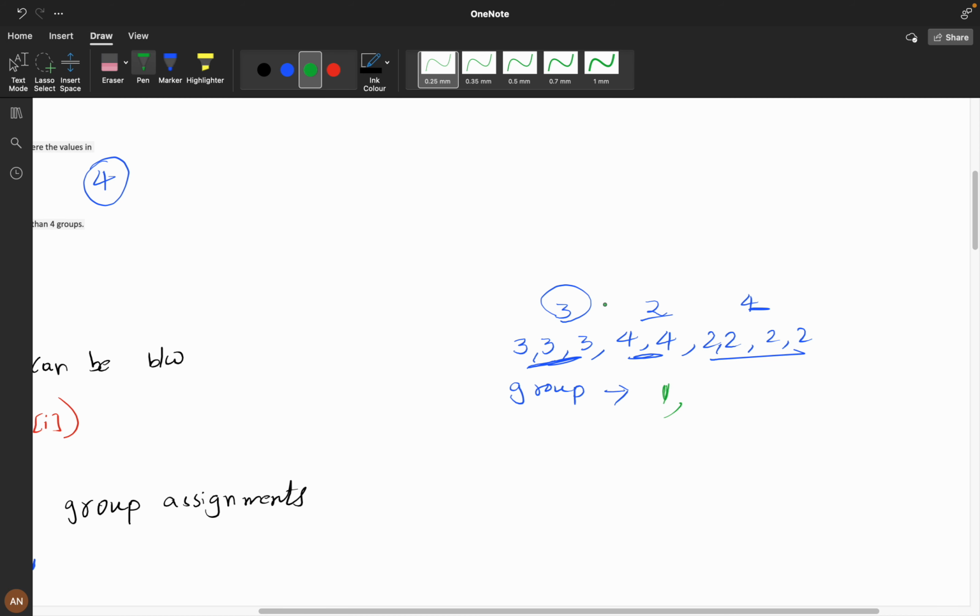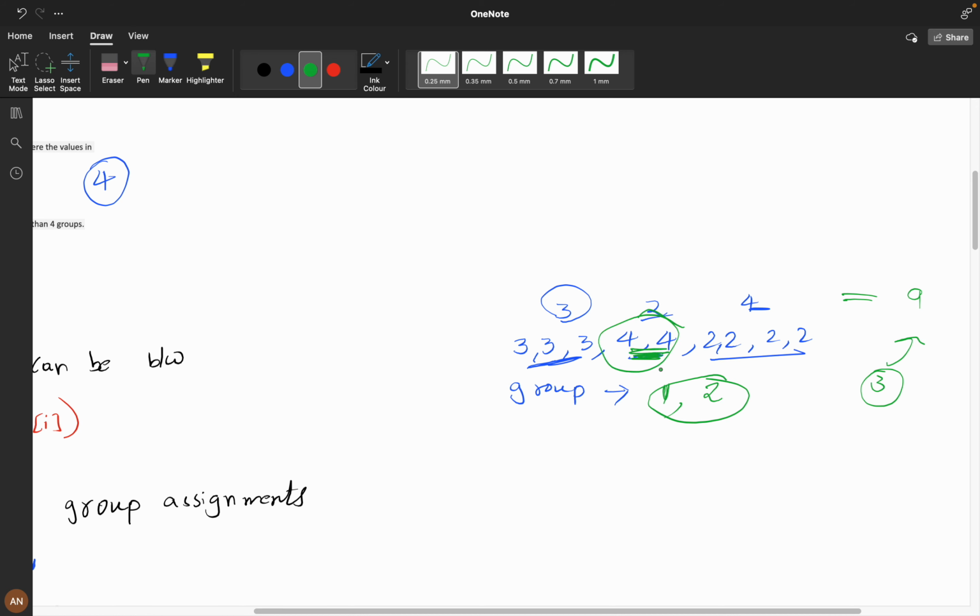So the number of groups will be 4 plus 2 plus 3, which is 9, which is not optimal. But 4 has occurred 2 times, so the maximum I can go is 2, because if we take the number of elements in a group as 3, then we can't satisfy the condition.